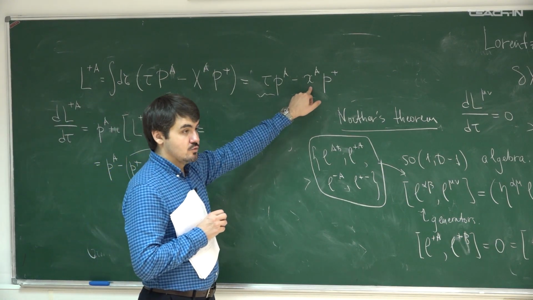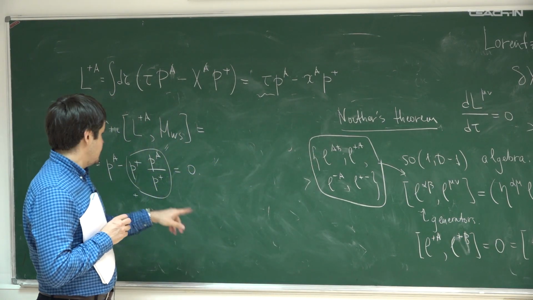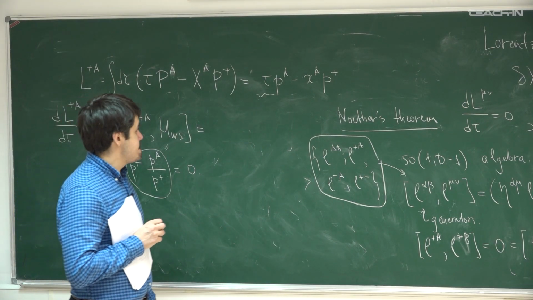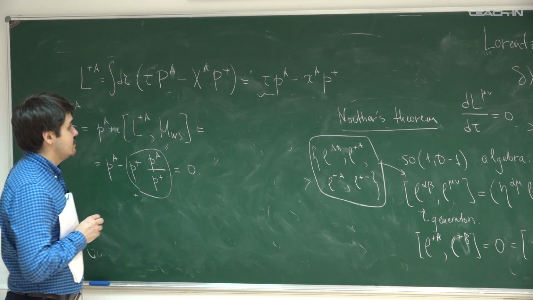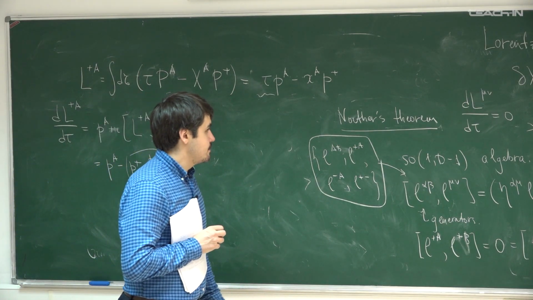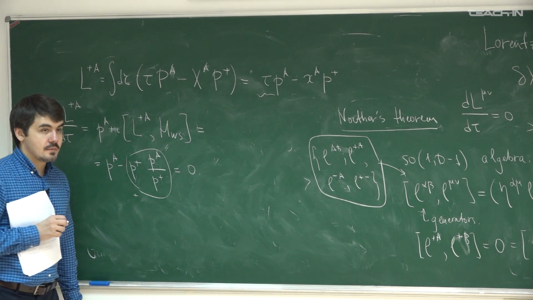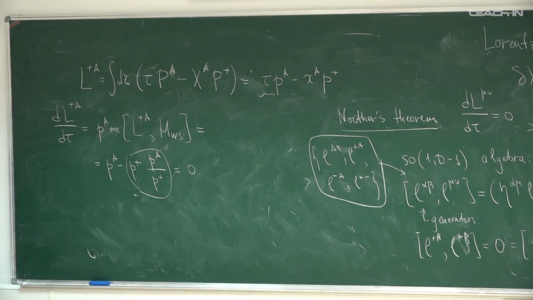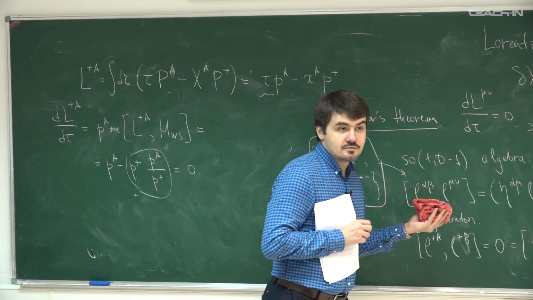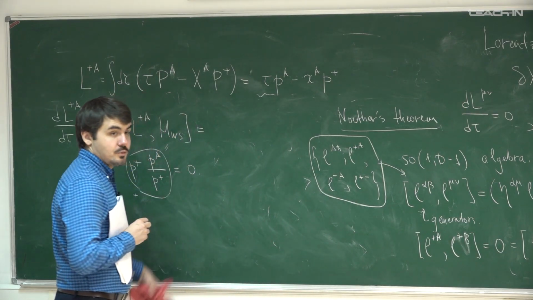So x doesn't commute with p. There will be a factor of pa coming from there. So there's nothing funny going on here. Right, we're just checking that those guys are still conserved charges quantum mechanically, when we put commutators everywhere.